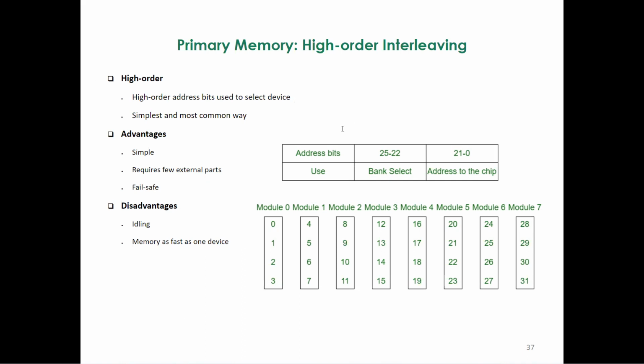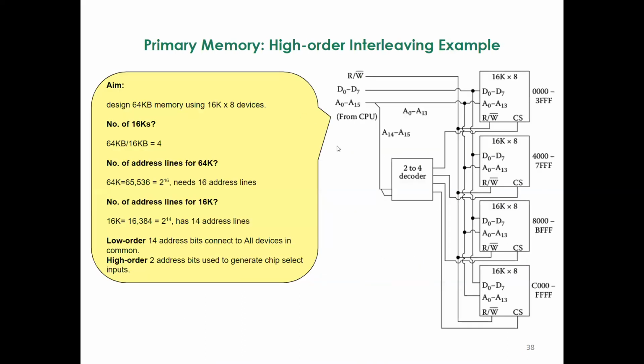So what we are doing here, the idea really is, since we want to access 64 kilobytes of memory, the number of bytes we want to access are 64 kilo, where each of those slots are byte sized.